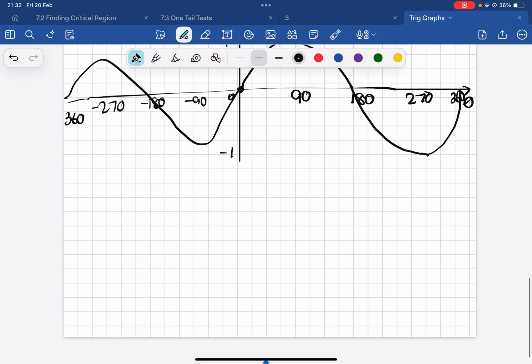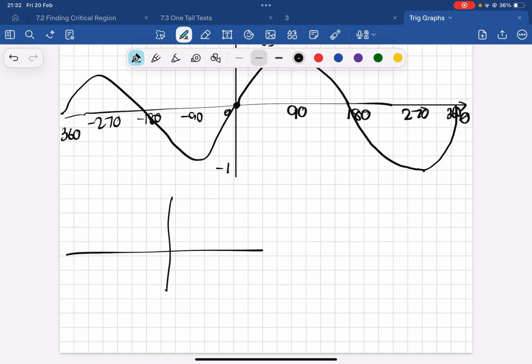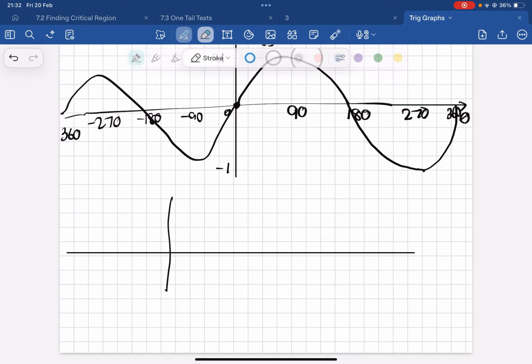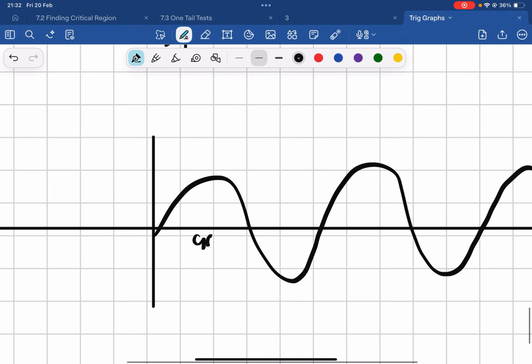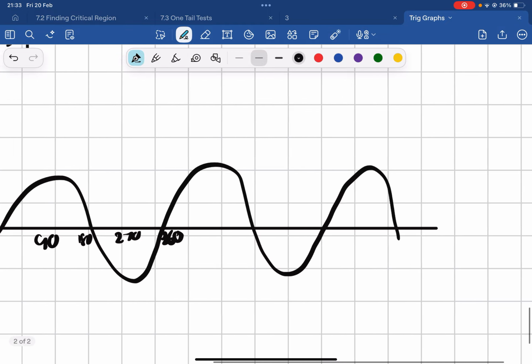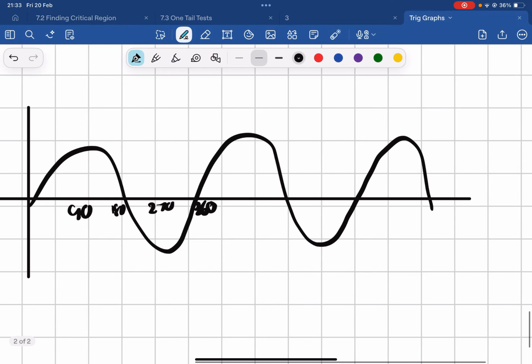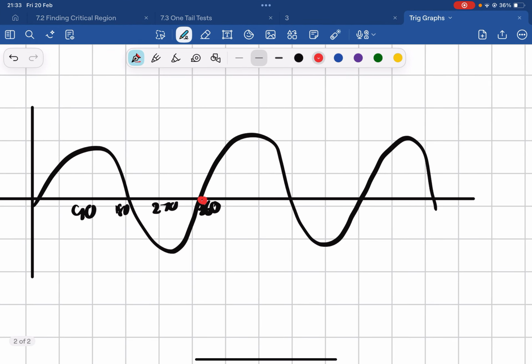So if I draw a more detailed version of the sine graph, we've got angles 90, 180, 270, 360, and we've noticed that this graph repeats every 360, so 360 then 720.